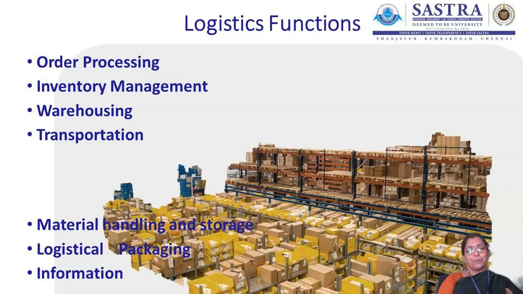A proper integration among the components of the logistics process. The efficiency and the effectiveness of the entire system depends on how the individual elements get coordinated and work as a system and not as functional silos.